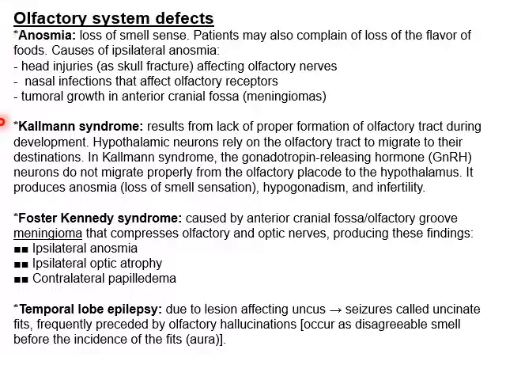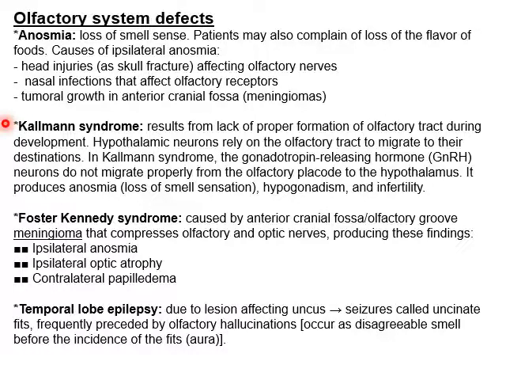The second condition is called Kallmann syndrome. Kallmann syndrome, it's resulting from the lack of proper formation of the olfactory tract during development. So this is due to a problem happened during the development of the olfactory tract.